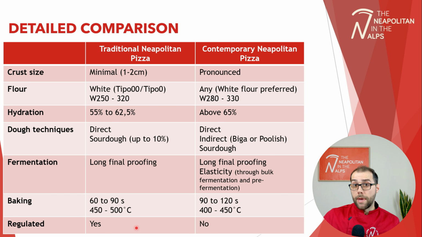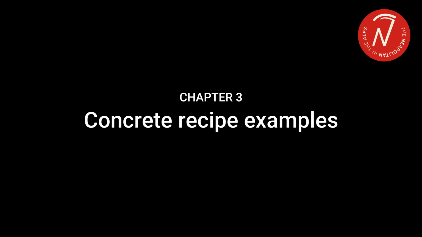This association based in Naples has decided the overall recipe and process to implement the traditional Neapolitan pizza. On the other hand, contemporary Neapolitan pizza doesn't have any regulation, so we can implement a different solution. For me, the most important thing is to respect this baking constraint, because if we cook the pizza longer, it won't be a Neapolitan pizza.